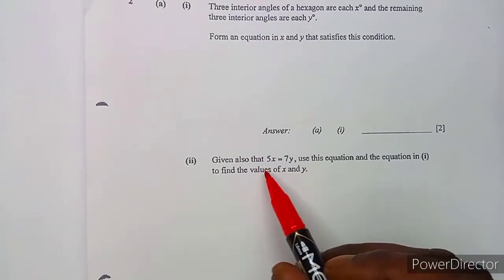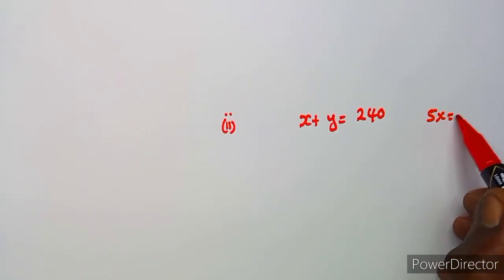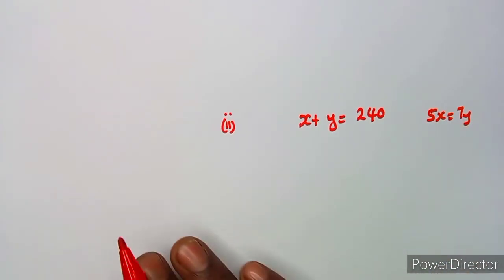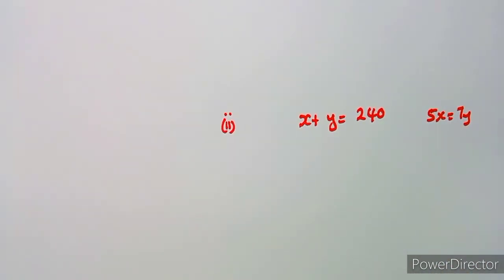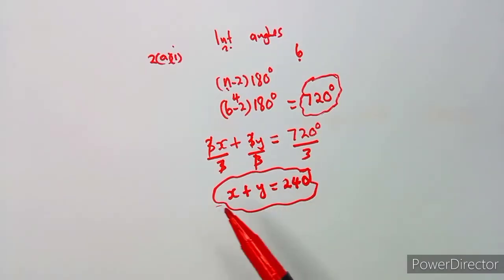Now they are saying 5x is equal to 7y. Solve this equation. You can actually solve it in whichever way you find best for you. It's just a matter of arranging.